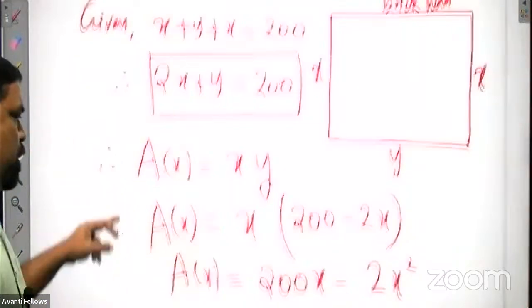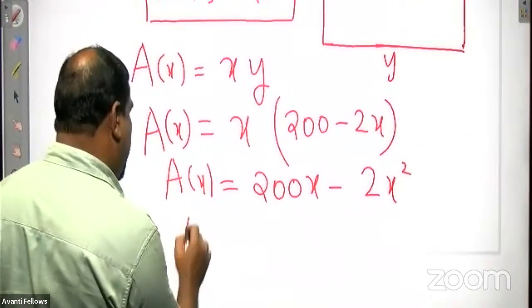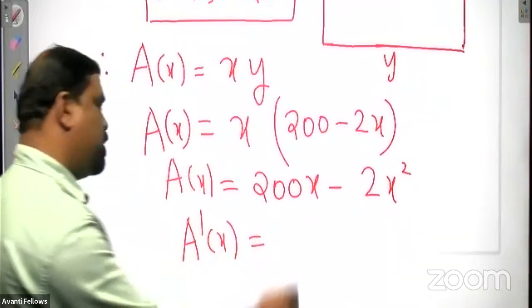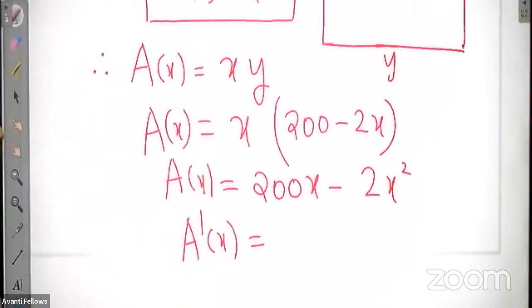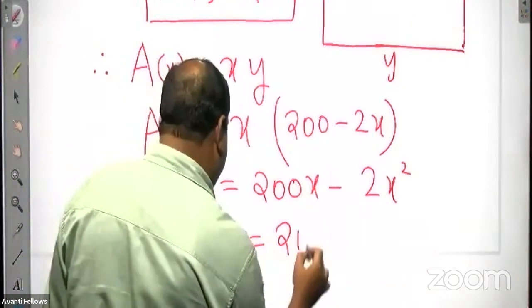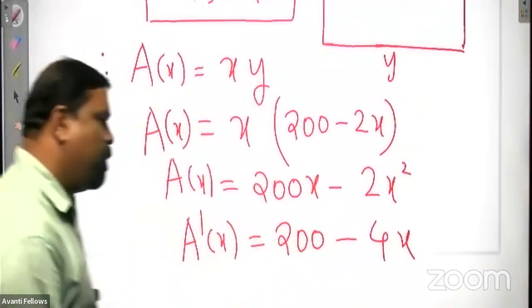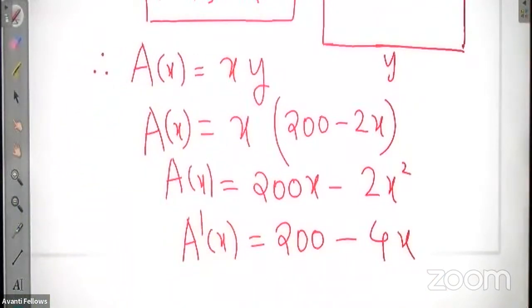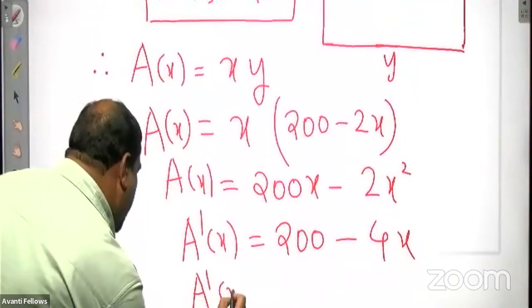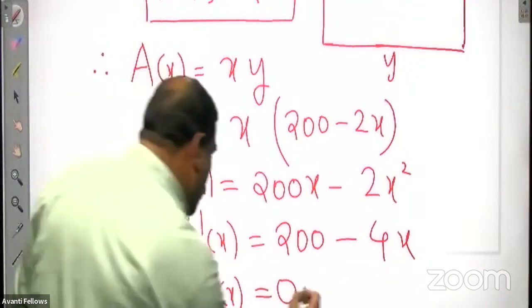Now differentiate it as usual. A dash x, that is dA by dx, is equal to 200 minus 4x. Now we have to find the critical point, which means we have to see when the derivative is 0.